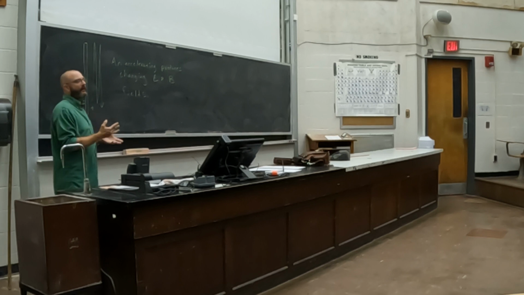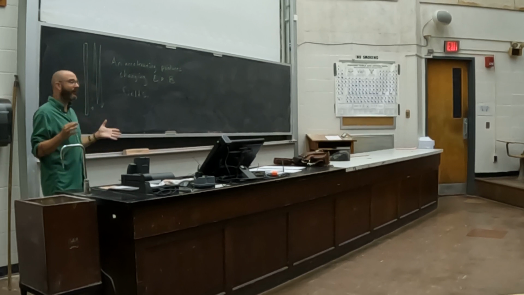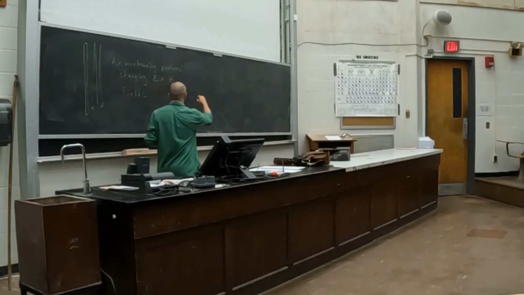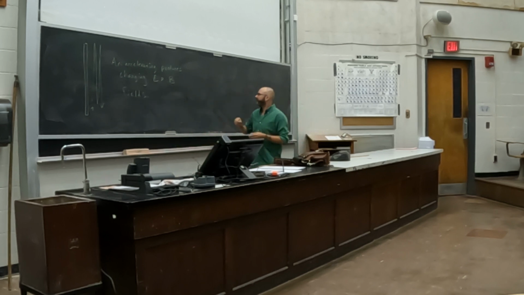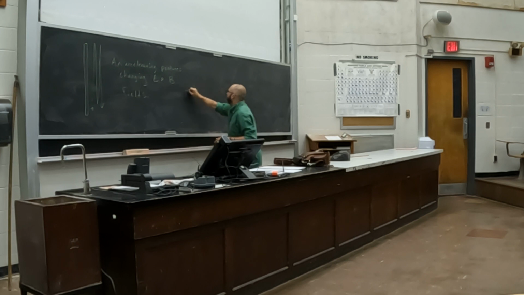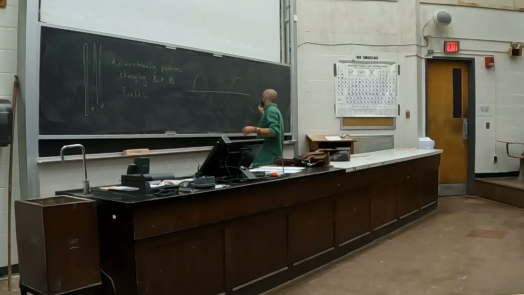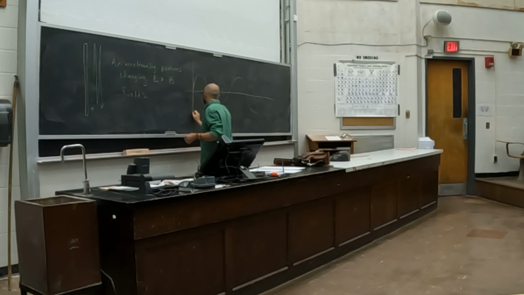Alright, what does this look like? Well, it turns out it looks really, really interesting. I'll start off with one and then try to draw later. This is another thing where my graphics are going to fail me. So hopefully we recognize this as a sine wave.